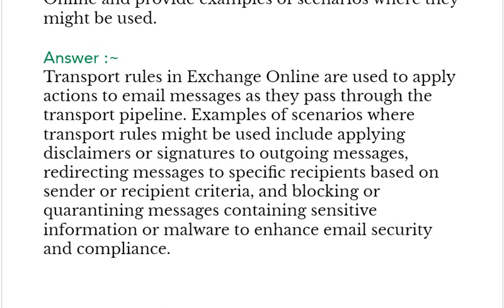Examples of scenarios where transport rules might be used include applying disclaimers or signatures to outgoing messages, redirecting messages to specific recipients based on sender or recipient criteria, and blocking or quarantining messages containing sensitive information or malware to enhance email security and compliance.